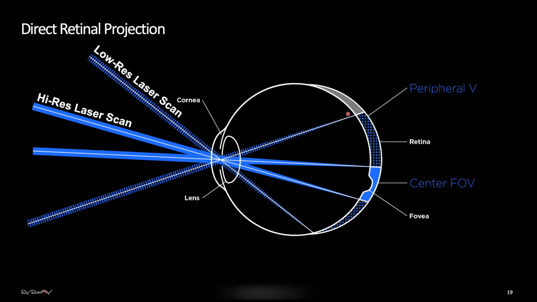What you get basically is that this area is covered with a low resolution scan, and this central part is covered with a high resolution scan. That means that here the laser spot is very, very small, and here it is relatively large, but still better than what the human eye optics allow us to see. So this is very important.